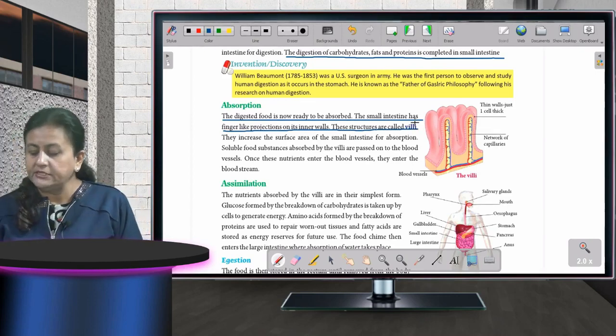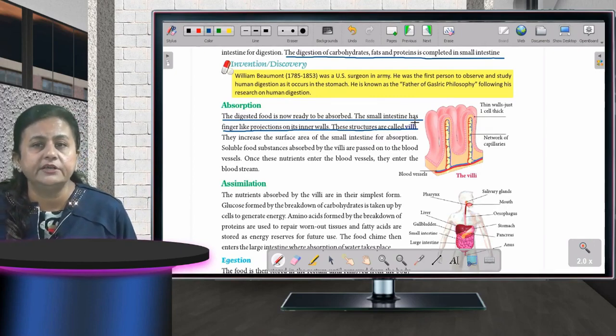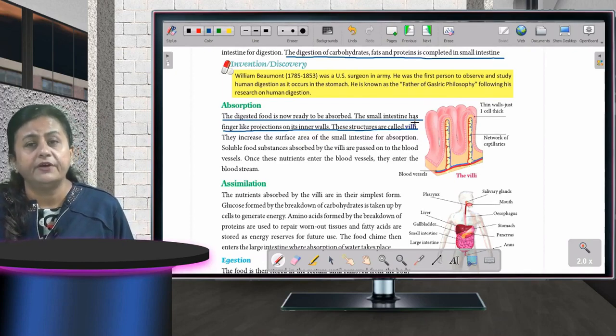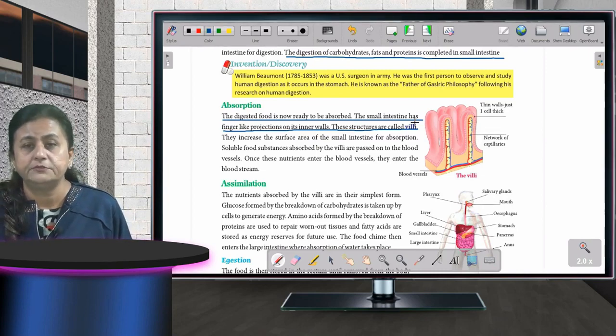Okay. Now you can see what is the function of the blood. When the food is broken down into simpler form, the blood starts absorbing it. It absorbs the simple food which is prepared.